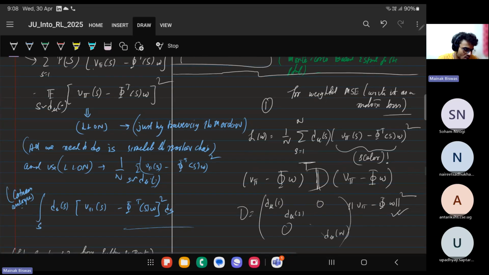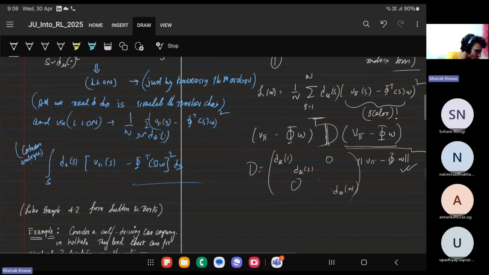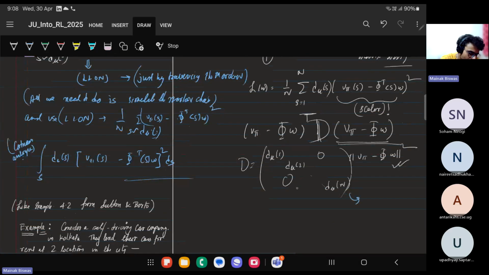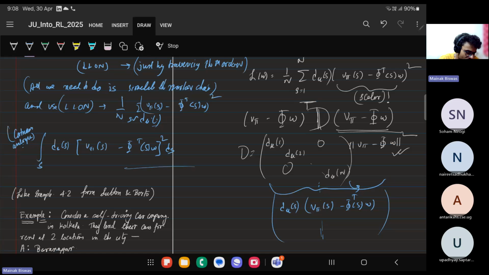Clearly now you see, it is solved. Why? Because if we take the right hand side, V pi minus phi W, this is basically a linear combination of the rows. So the rows of this matrix become multiplied, right? If I multiply D times this, what do I get? I get the row combination, as Shoham was telling me. And now these terms are just added.